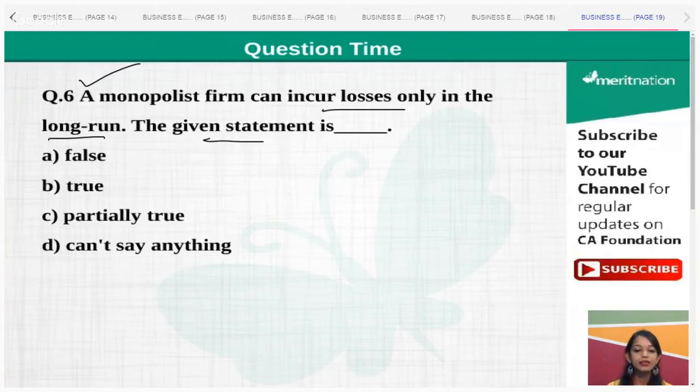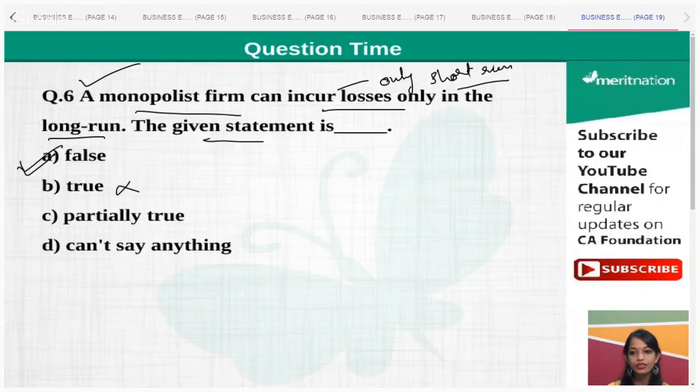Obviously not, right? You will altogether stop the production. So it cannot be true. This particular statement is false. A monopolist can incur losses, but only in the short run.